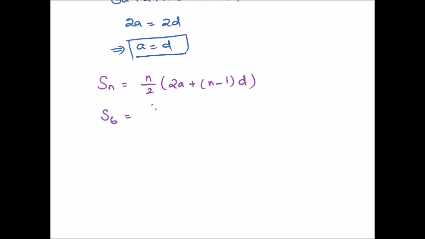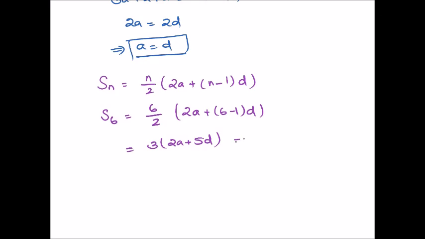S6 is equal to 6 divided by 2 into (2a + (6 - 1)d). That's equal to 3 into (2a + 5d).